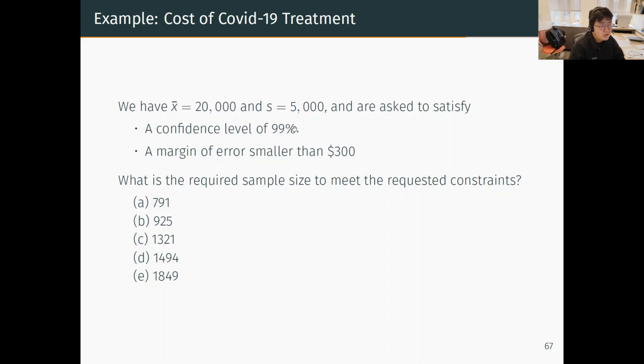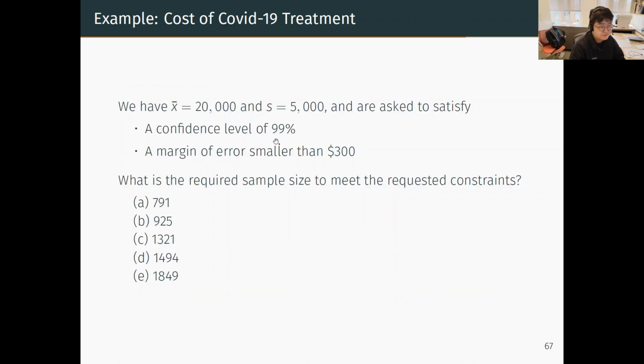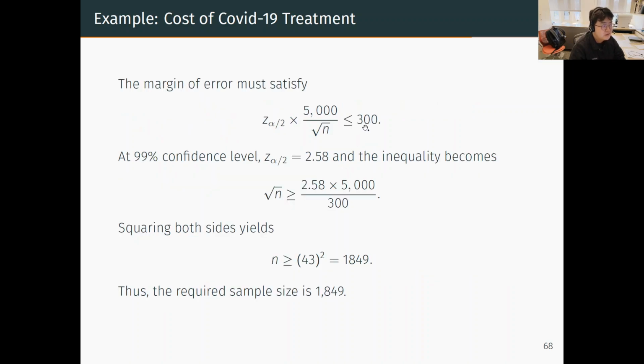Again, remember the 99% confidence level does not change. So that means this part does not change. Z alpha over 2, 2.58, does not change. But the inequality must be satisfied for 300, so this part changes. It is 2.58, but this must be 300. And standard deviation does not change, 5,000. You can handle the sample size, right?